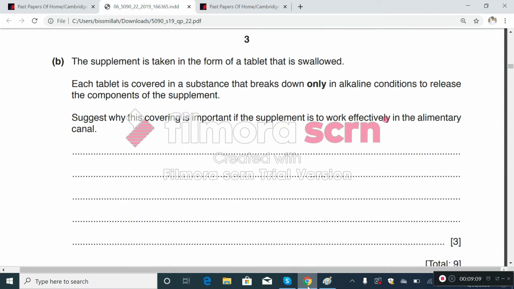It means nothing will happen to this tablet in the stomach because it is acid resistant, and it will only be broken down when it is inside the small intestine where the conditions are alkaline, particularly in the duodenum.